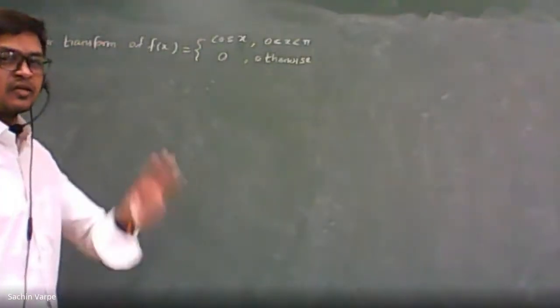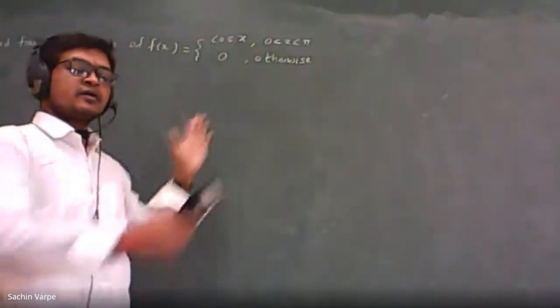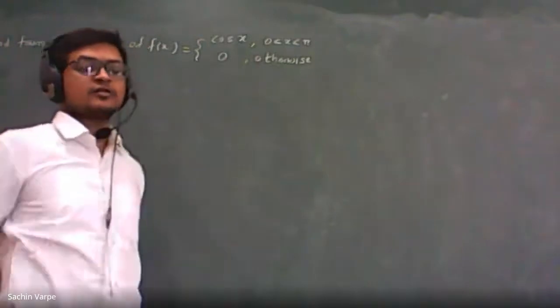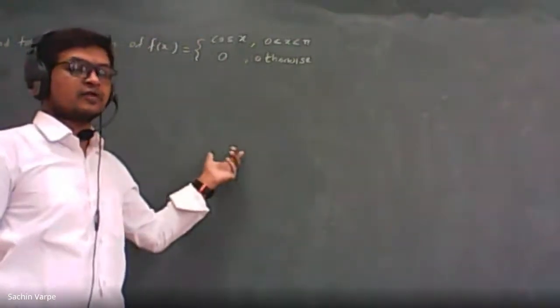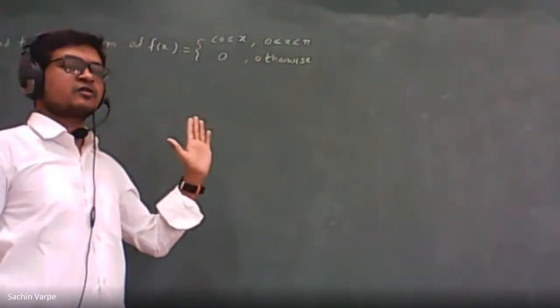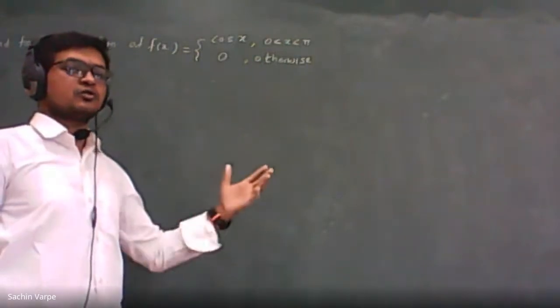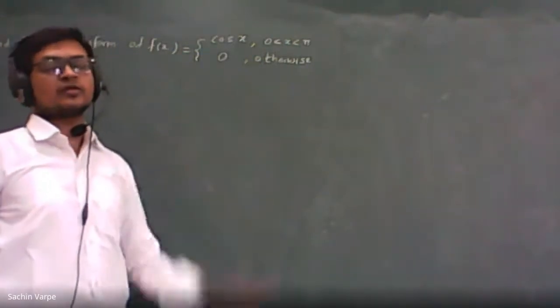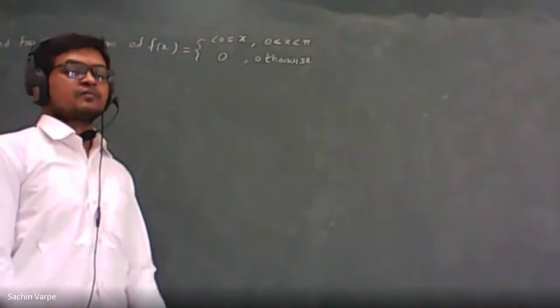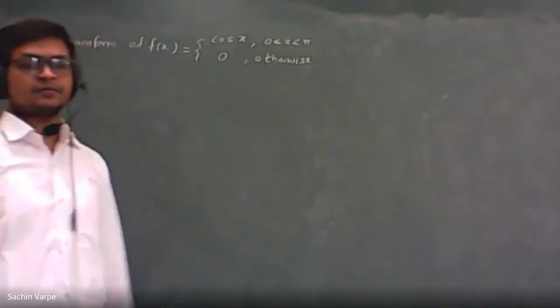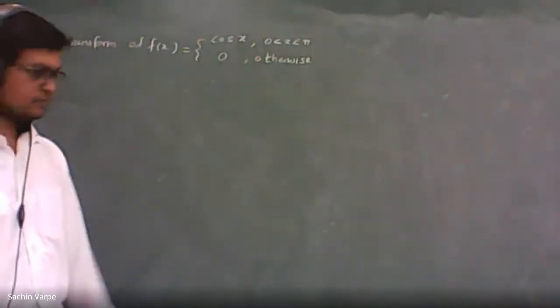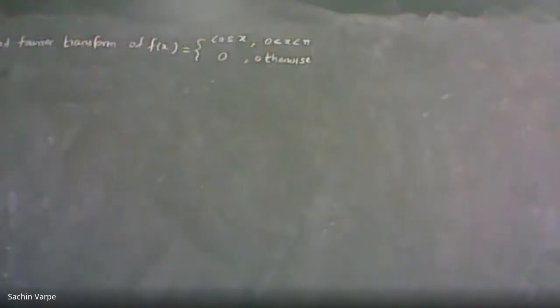So is it clear what the function is defined from minus infinity to infinity? Just try to write that function value. What is the function in minus infinity to 0, or what is the function value in 0 to infinity? Are you able to write this function in terms of that?